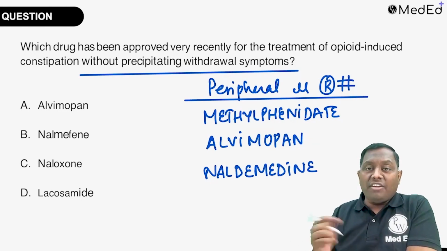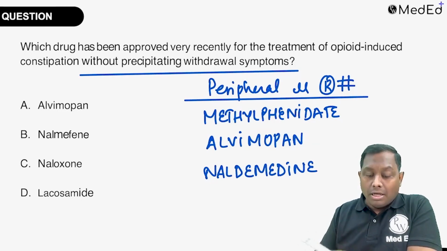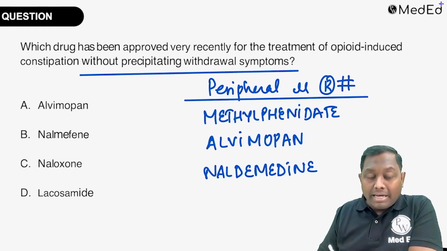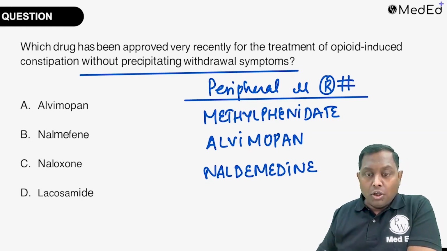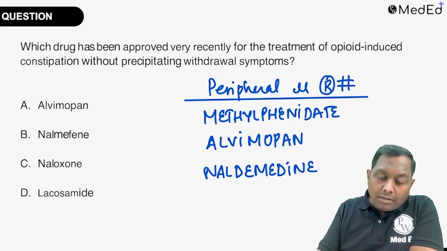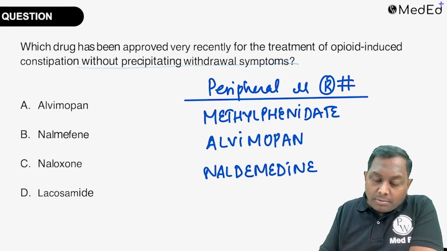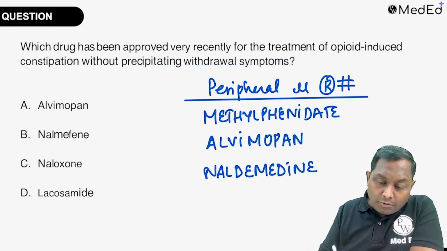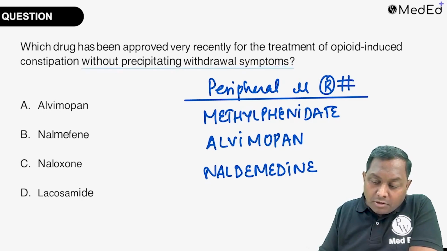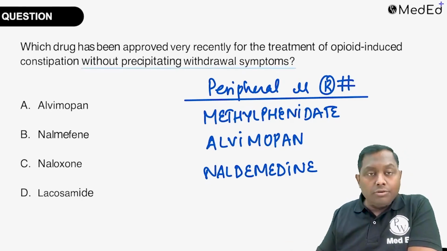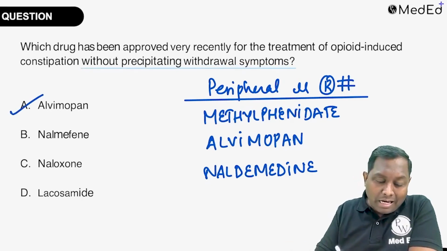Now these are peripherally acting mu-opioid receptor antagonists. Naloxone is also a mu-opioid receptor antagonist, but it can precipitate withdrawal symptoms. So if the examiner asks which drug you can use without precipitating withdrawal symptoms, it will be the peripherally acting mu-opioid antagonists.